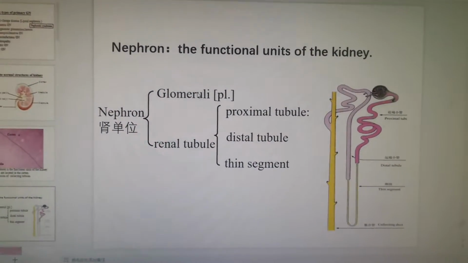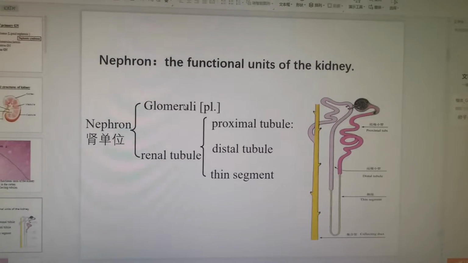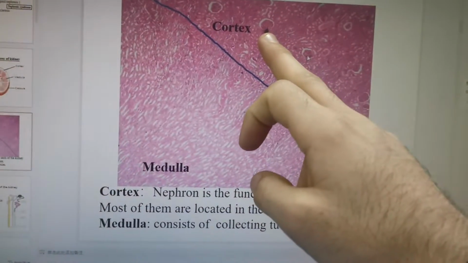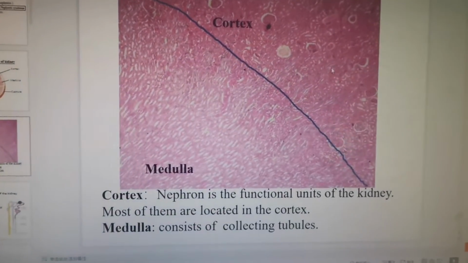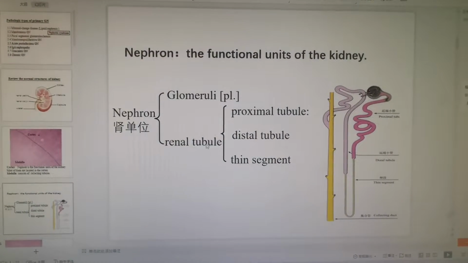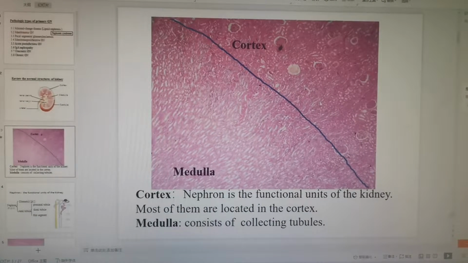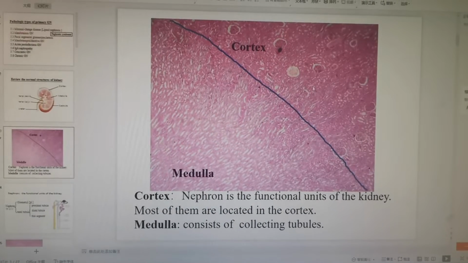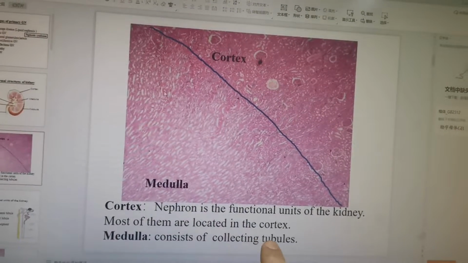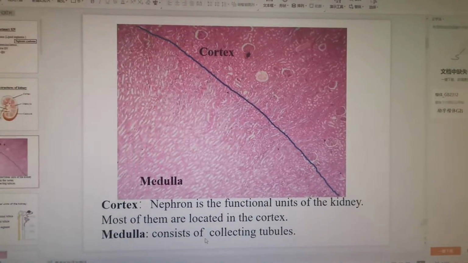The nephron is the functional unit of the kidney, composed of the glomerulus and the renal tubule: proximal tubule and distal tubule. The medulla consists of collecting tubules.